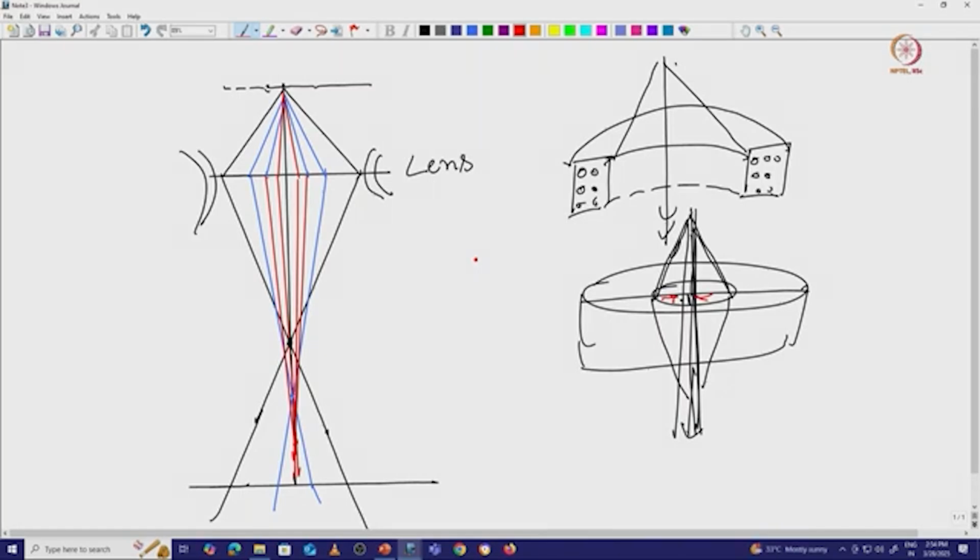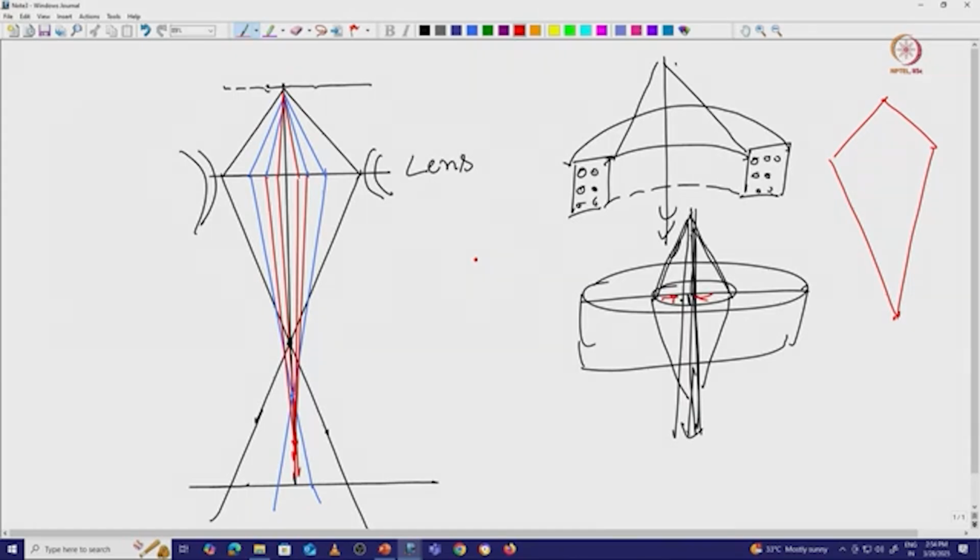Initially we think that when these rays come and all merge at one particular point, if we start from a point, we expect a point here. But in this case, the black rays form a point somewhere here, the blue rays form a point somewhere here, and the red rays form a point somewhere here.